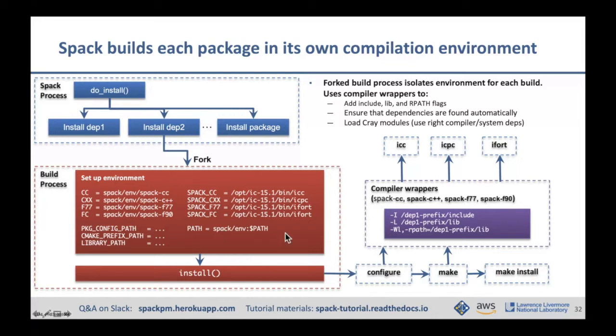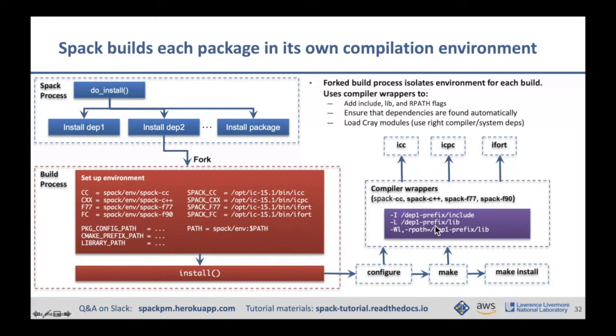The other thing that we do is we use these compiler wrappers. The mechanism for this is a little complicated, but essentially in the build environment, we set CC, CXX, F77, and so on to point to these spack cc, spack c++, and so on executables. These end up calling the real compiler in the build environment. And in between, we're able to insert some flags.